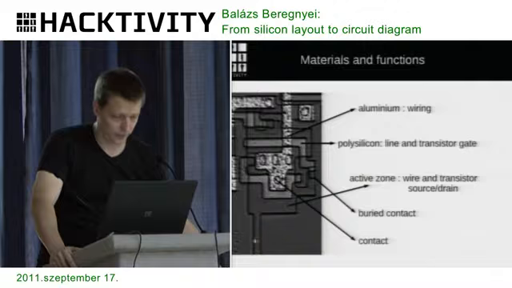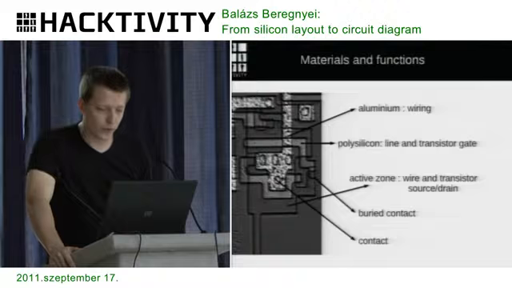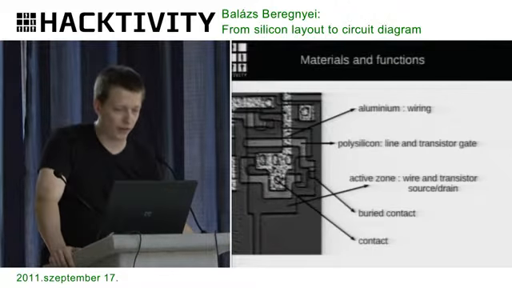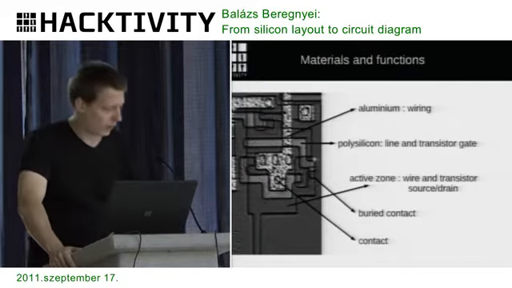First of all, it could be used for wiring, and also it makes a transistor if the polysilicon line crosses it. The polysilicon also has a double task. It could be used for a line, or if it crosses an active zone, then it's a transistor gate.